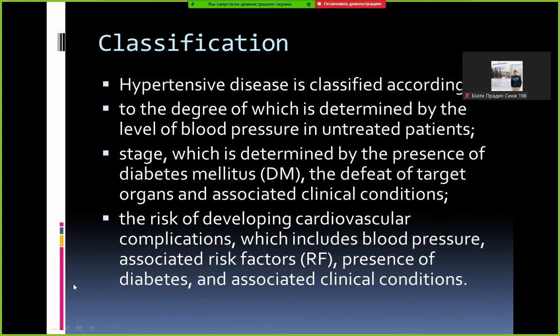Classification of arterial hypertension. Hypertensive disease is classified according to the degree, which is determined by the level of blood pressure in untreated patients.